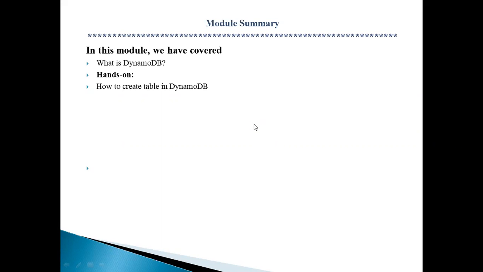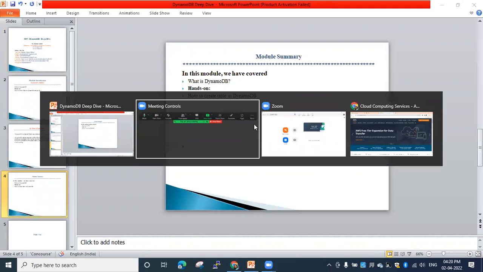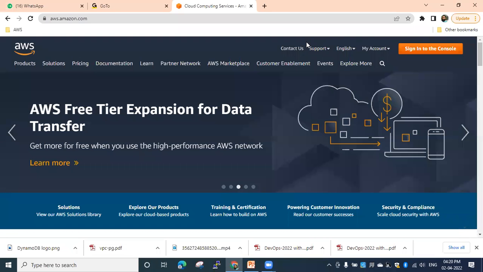Now I'm just going ahead with my AWS account. Let me click on sign into console. As I already said, you need a basic understanding of AWS and you need an account in AWS. If you don't have an account in AWS, go to aws.amazon.com/free. I will keep this URL in the video description.